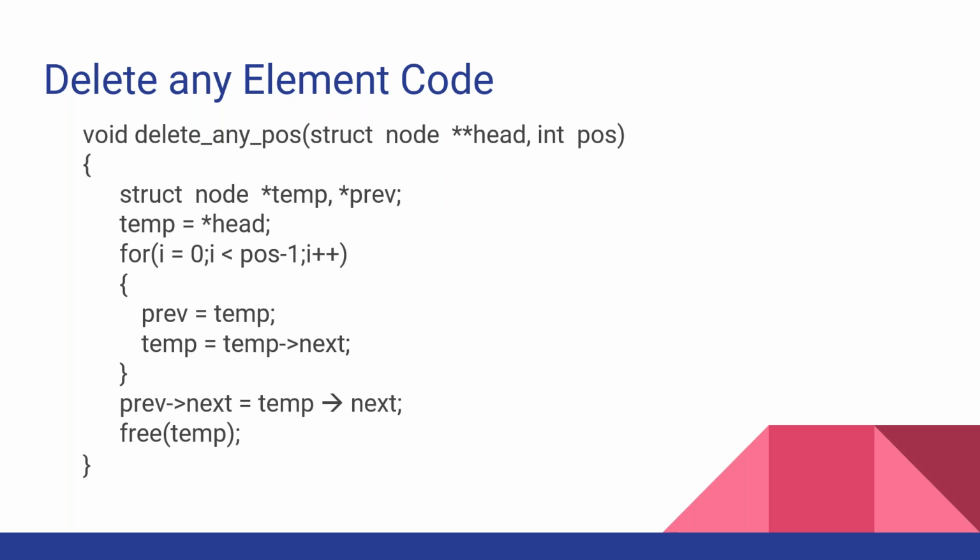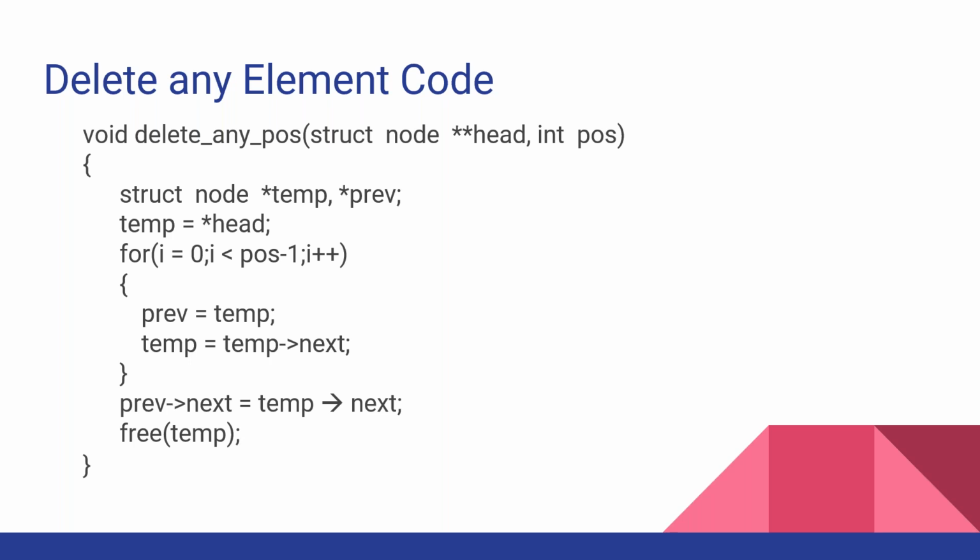How will you find the middle element? If you have 5 elements, how will you find the mid element? You should find the total number of nodes, then divide by 2 to find the middle element, right?